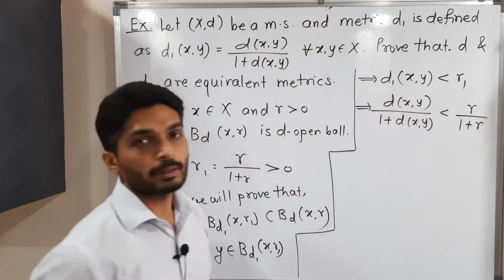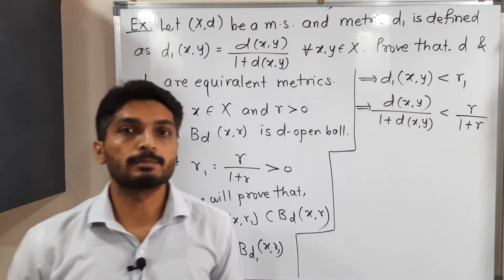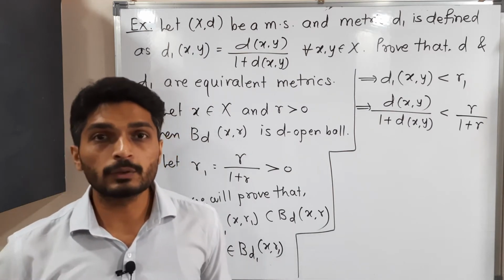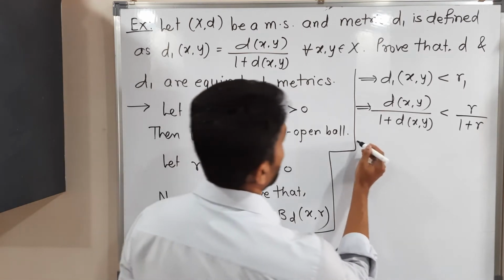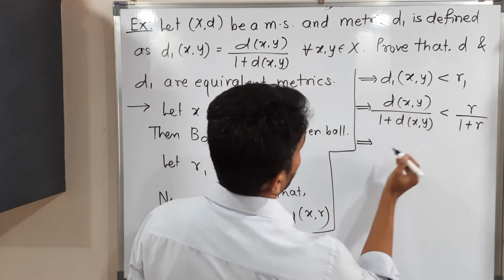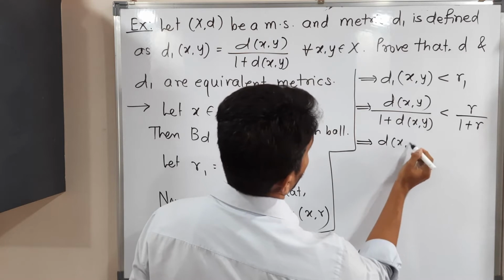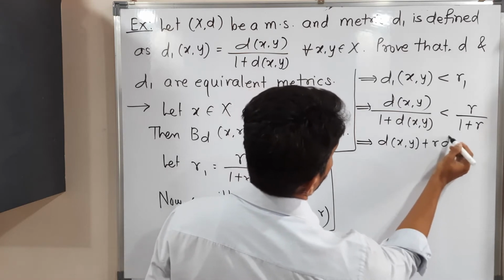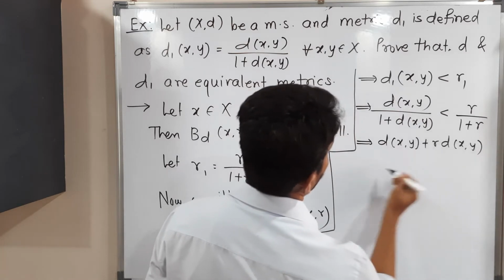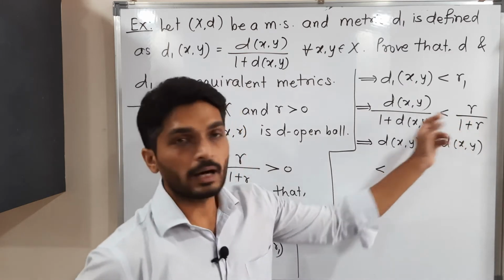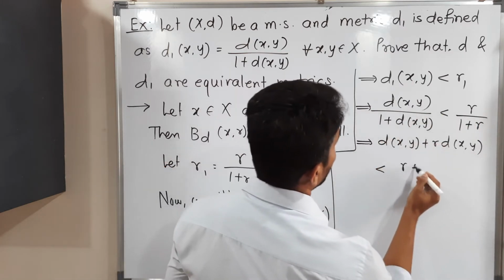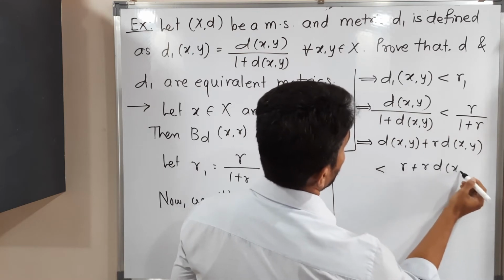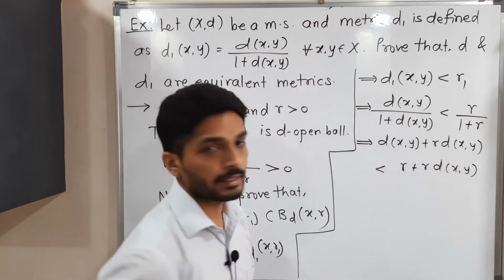Can you guess what I am going to do now? I am going to cross multiply. All numbers are positive, so no need to worry about the inequality. Let us cross multiply: d(x, y) times (1 + r), that means d(x, y) + r d(x, y), is less than r times (1 + d(x, y)), that means r + r d(x, y).